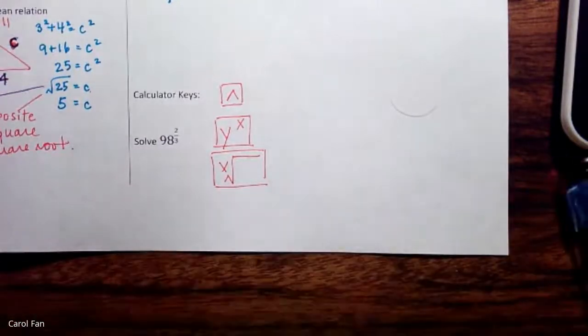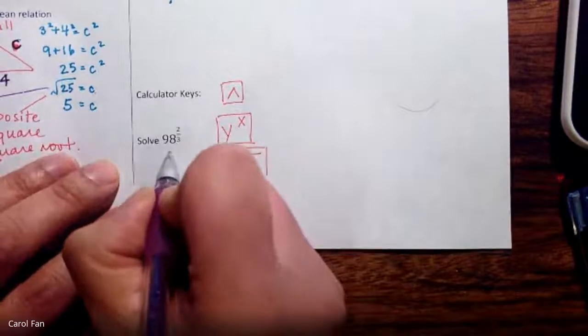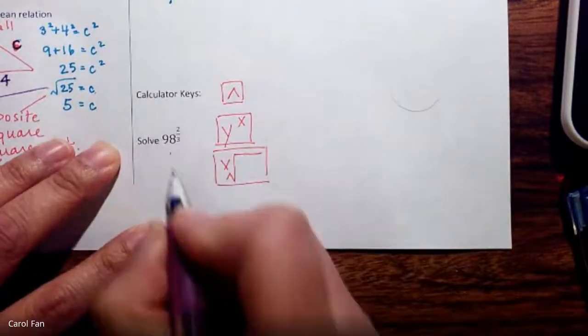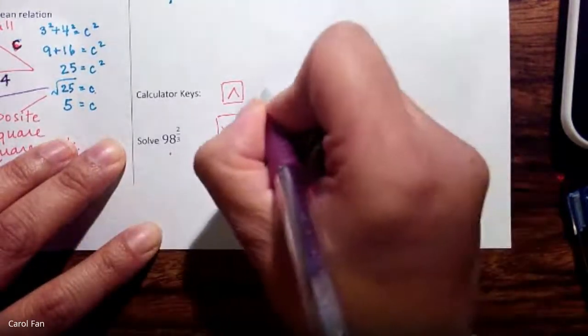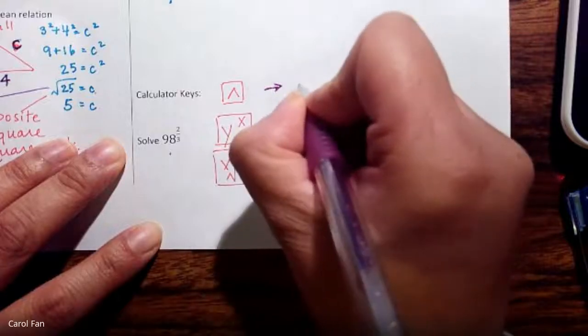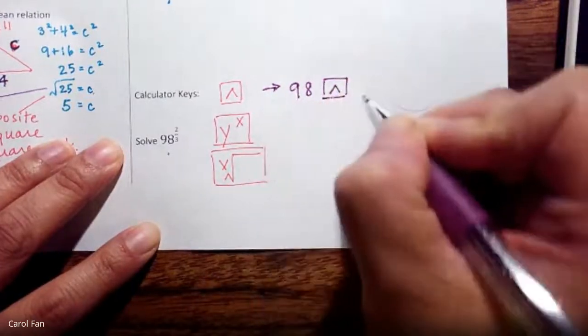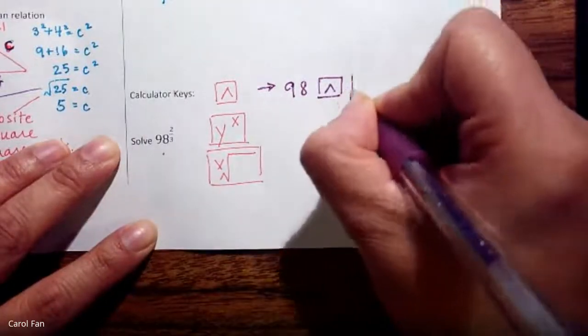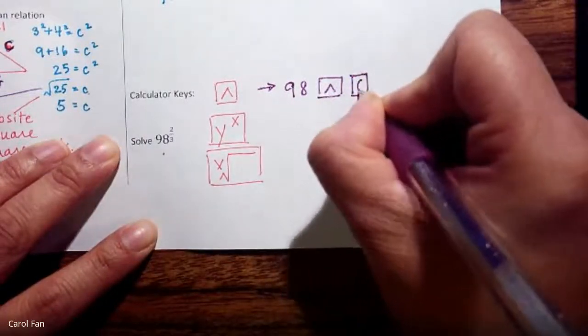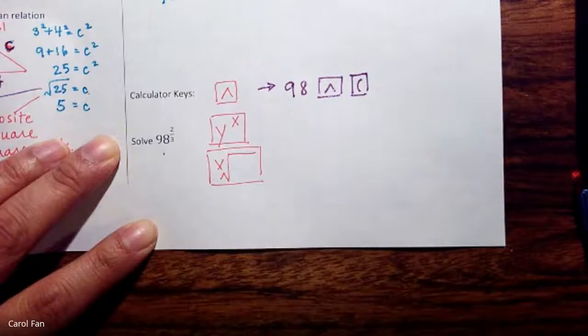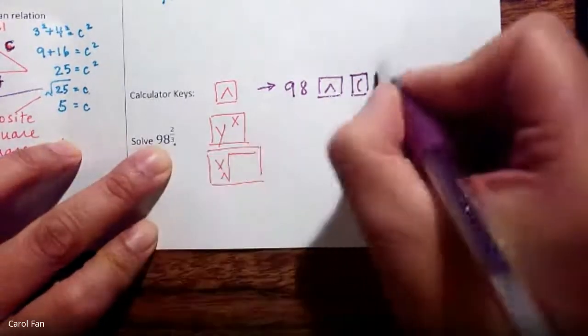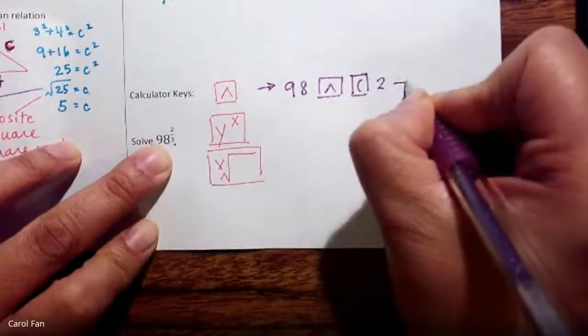So, for example, if we were to solve this question in our calculator, I would type in 98, exponent, and I have to make sure I have the bracket. The bracket to show that the exponent as a fraction is together.